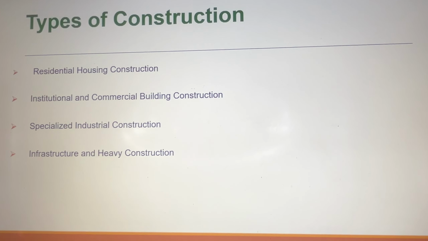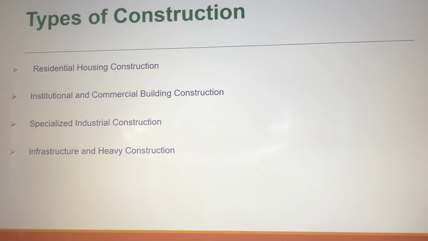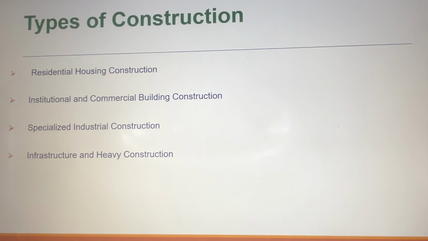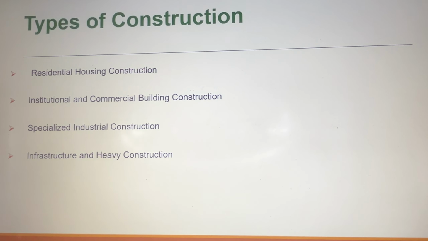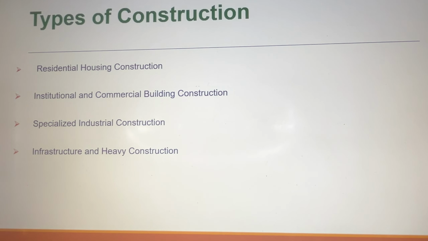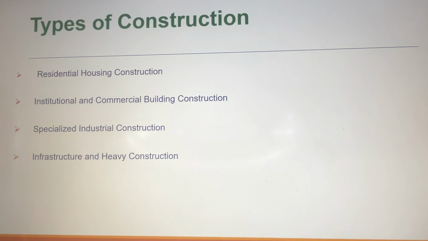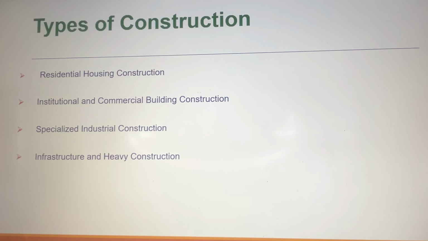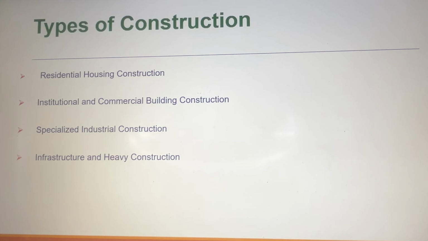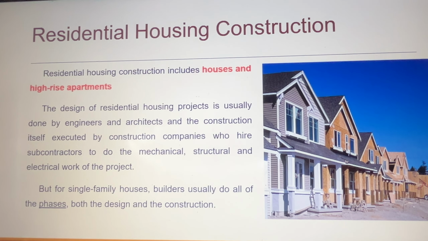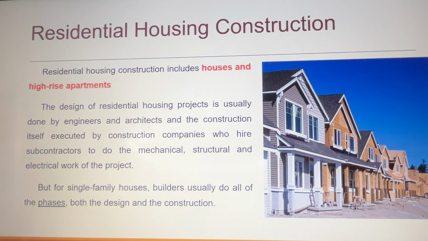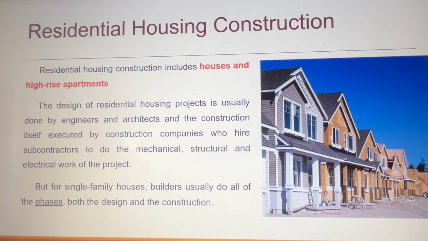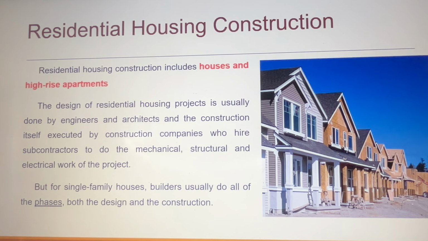Here, the next topic is all about the types of construction. There are 4 types of construction: residential housing, institutional and commercial building construction, specialized industrial construction, and infrastructure and heavy construction. The first type, which we all know as homemakers, is residential housing construction.